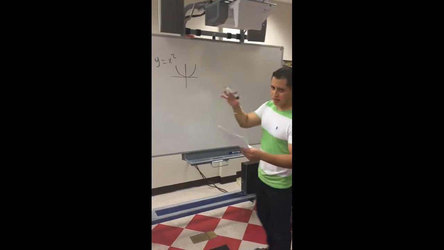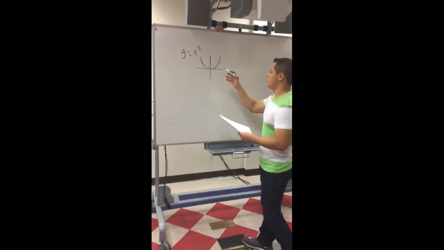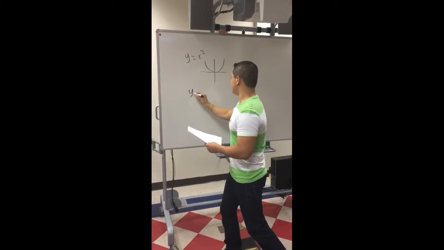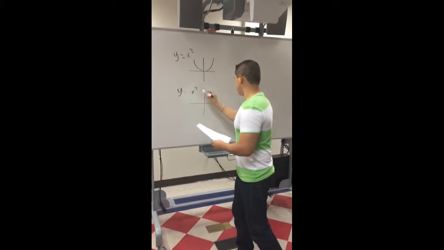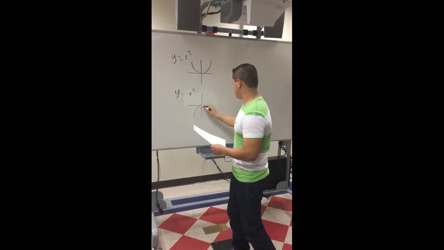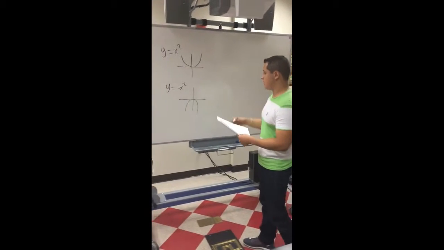I'll explain how it can go into a negative in a little bit more. So when it's y equals negative x squared, it would be a parabola in the opposite direction, which would be down.